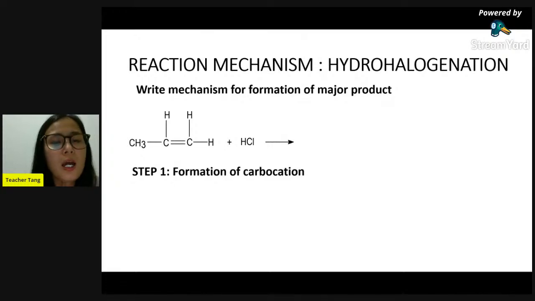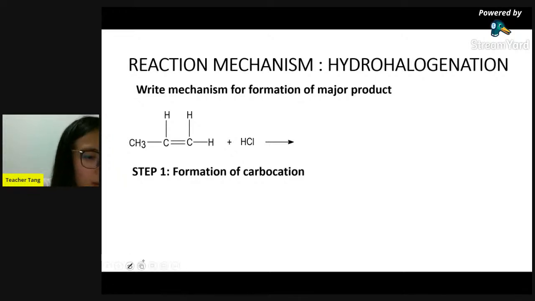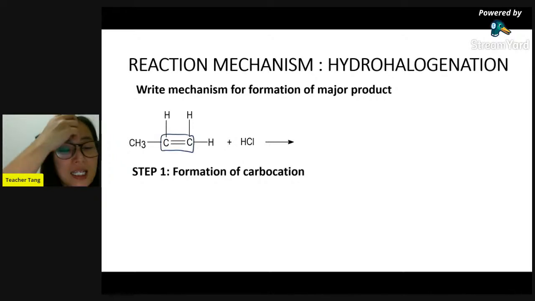Write the mechanism for formation of the major product. We know that this is electrophilic addition. Let me change the color. So electrophilic addition means the double bond will become a single bond. Shall we draw the product?